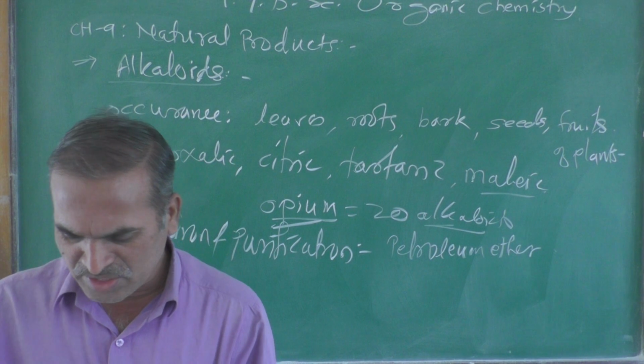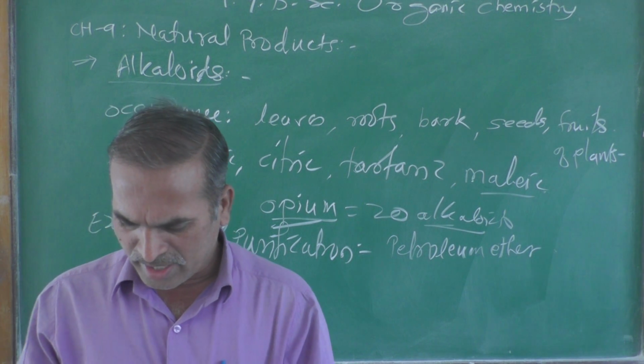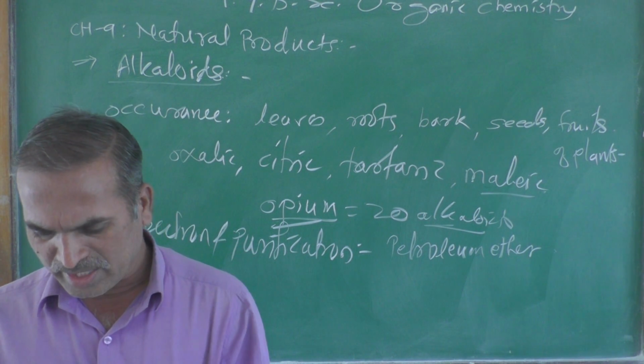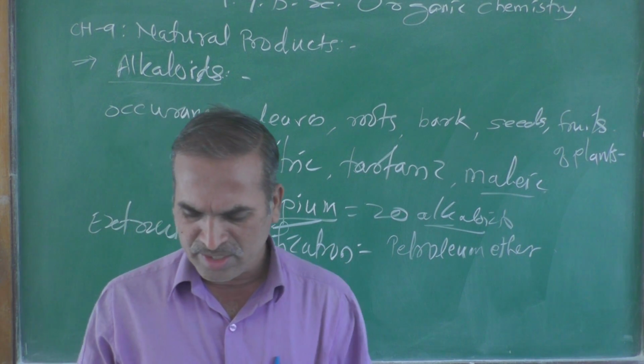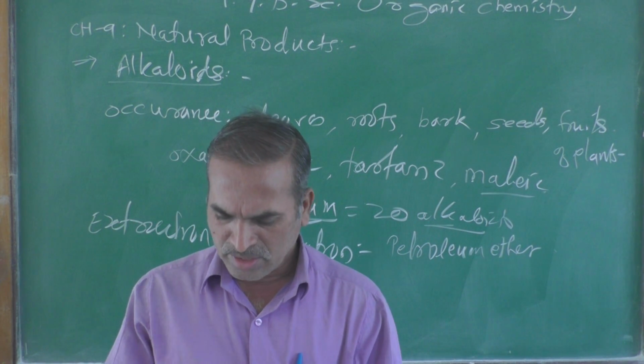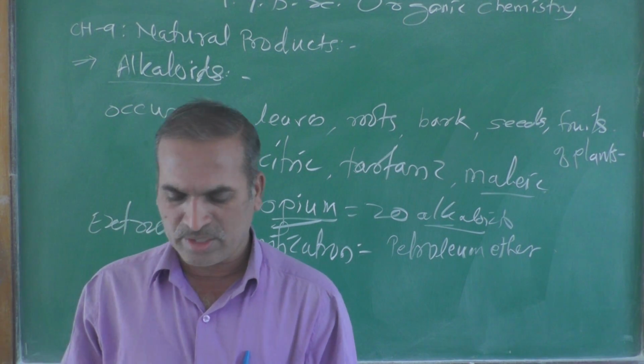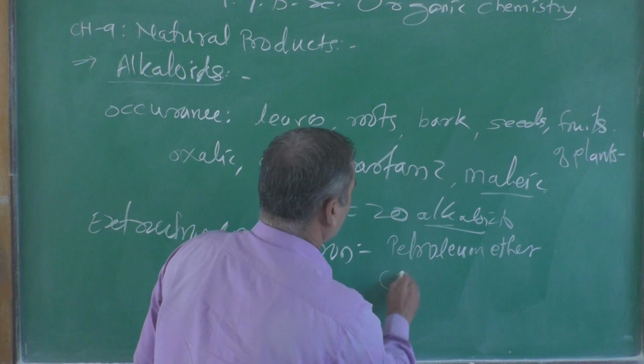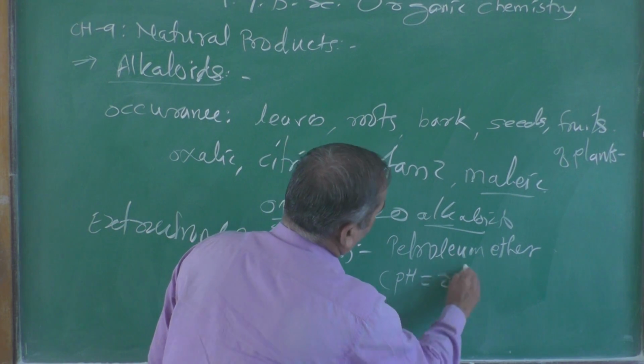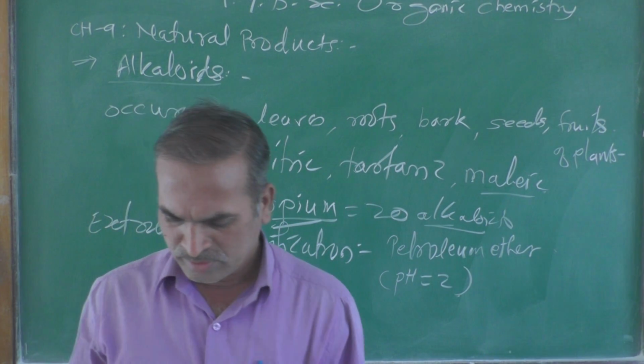The filtrate is distilled off, and the crude plant extract is then treated with dilute hydrochloric acid or sulfuric acid, with pH maintained at 2.